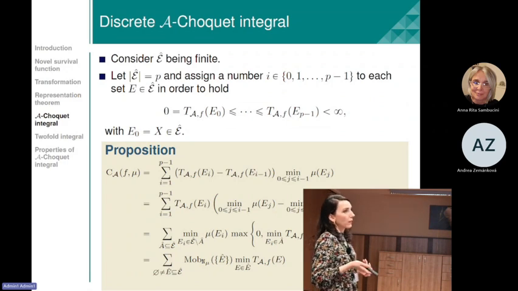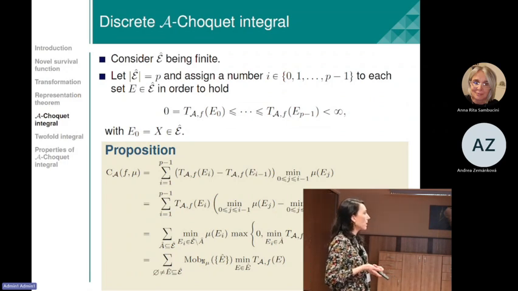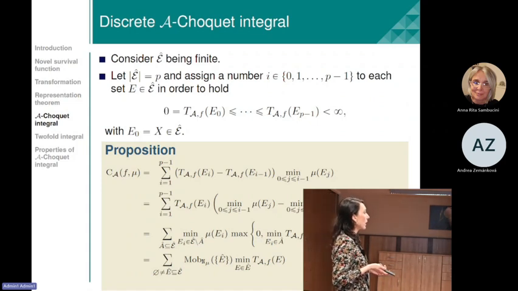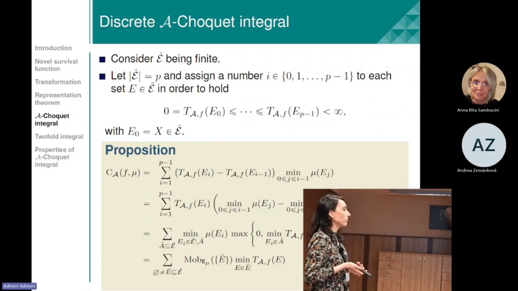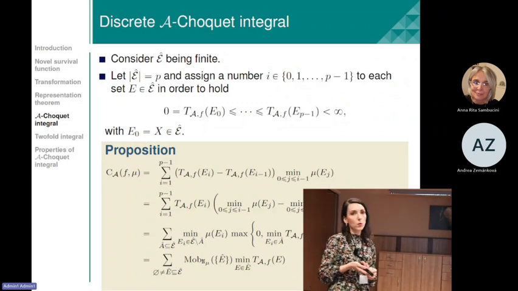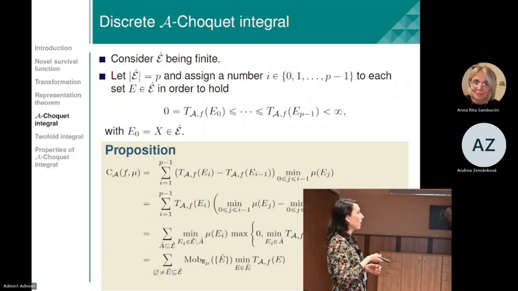So we covered well-known formulas, and we also used the standard Möbius transform for the monotone set function NME, and we obtained the formula for the generalized Choquet integral in terms of the Möbius transform.